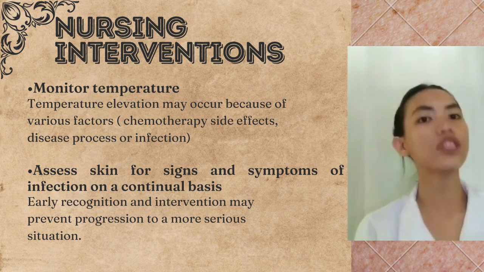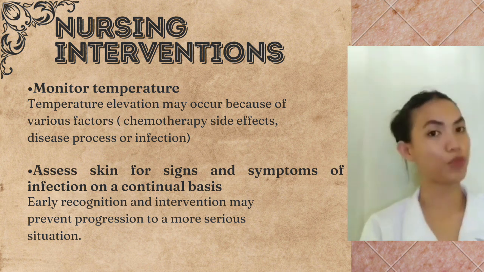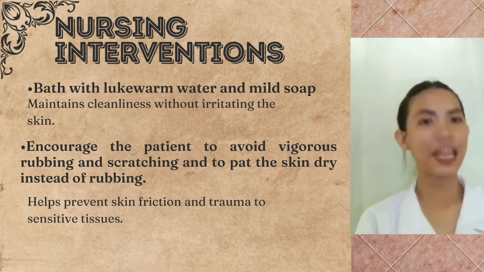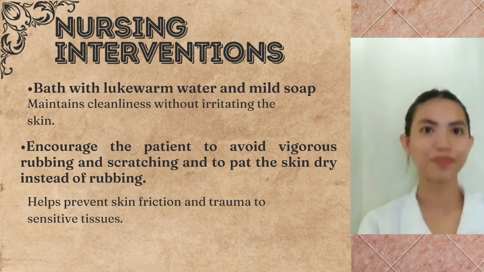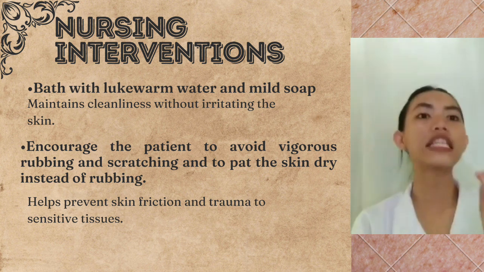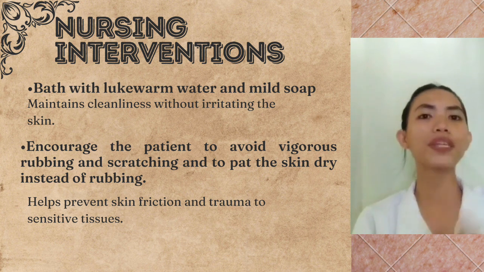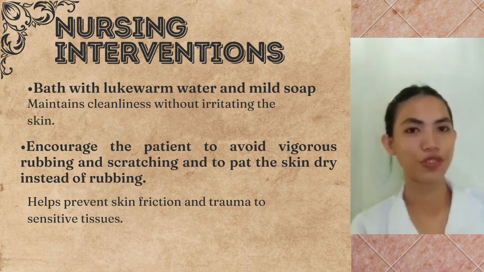Early recognition and intervention may prevent progression to a more serious situation. Next is to bathe with lukewarm water and mild soap. It maintains cleanliness without irritating the skin. Next is to encourage the patient to avoid vigorous rubbing and scratching and to pat the skin dry instead of rubbing. It helps prevent skin friction and trauma to sensitive tissues.